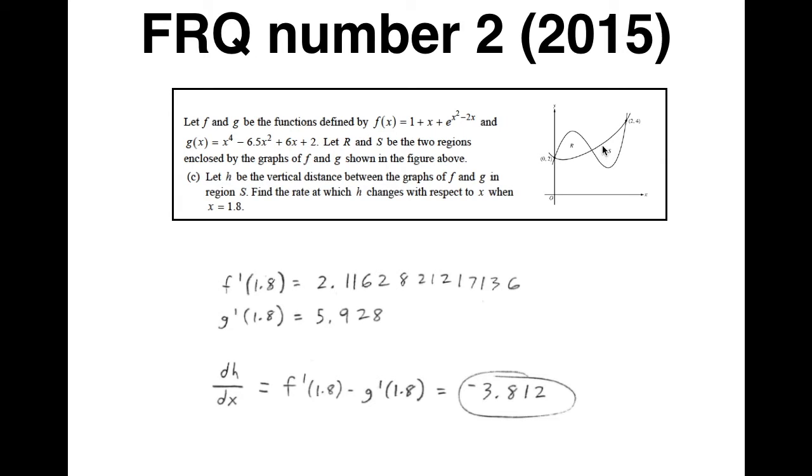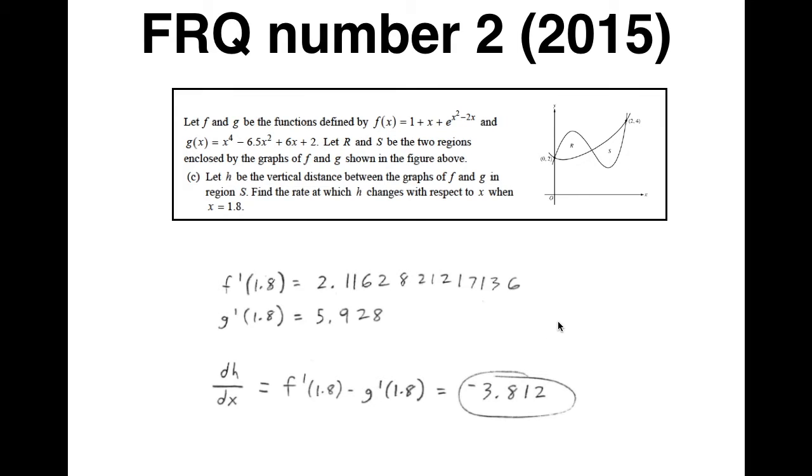H is this distance here between the two graphs, this vertical distance. So at x equals 1.8, we are almost at x equals 2. So the h is probably somewhere here. We can see that h is going to probably be decreasing at that point. The vertical distance between the two graphs is getting smaller and smaller as we approach 2.